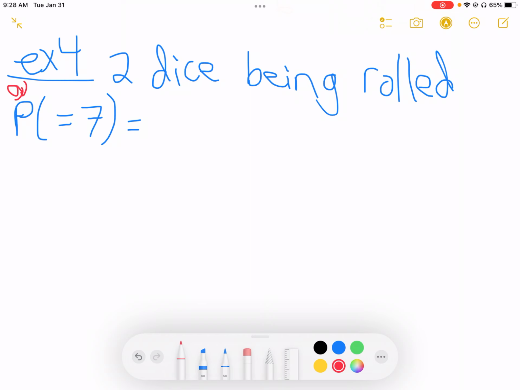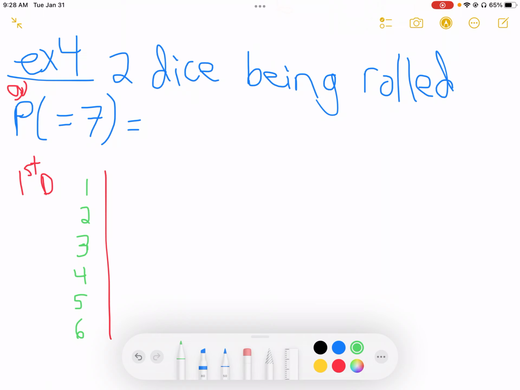So what I'd like to do here, and it's a little bit hard to do here, is make a little table and say, well, this is my first dice. This first dice, I could roll some numbers here. It could be a 1, 2, 3, and you actually see this in your book, 4, 5, 6.